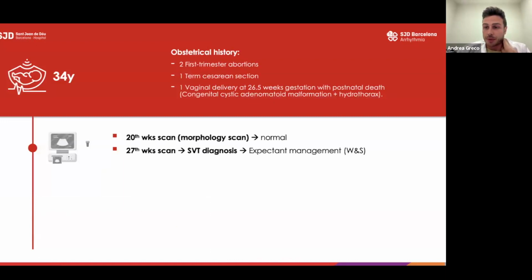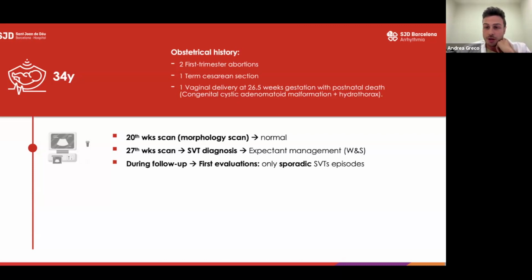So at this time, we decide to have a wait-and-see management, especially because it's the first time that we see this tachycardia in the control. The heart rate is not so high, and there are no signs of heart failure or hemodynamic failure.